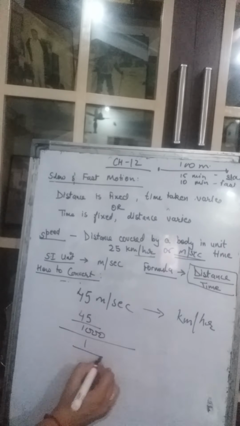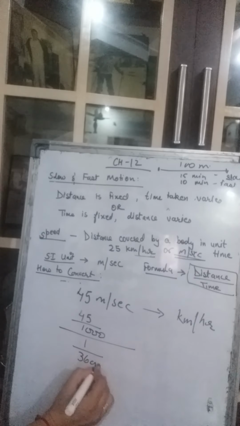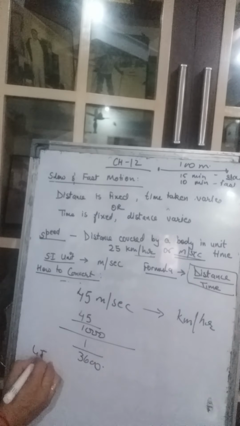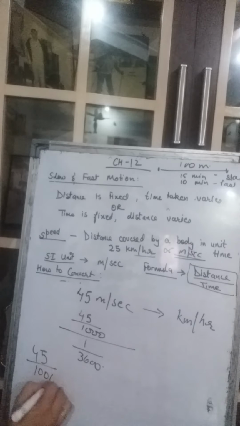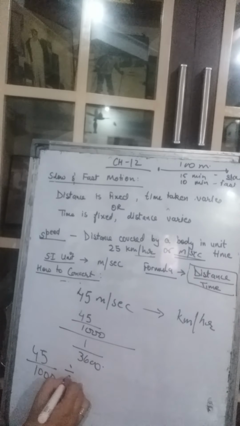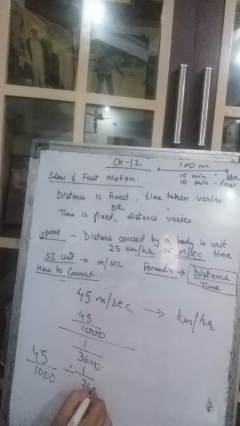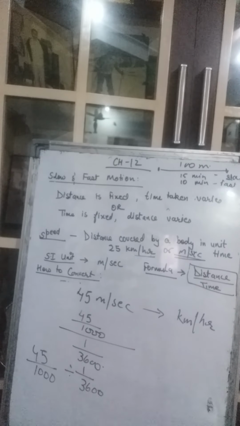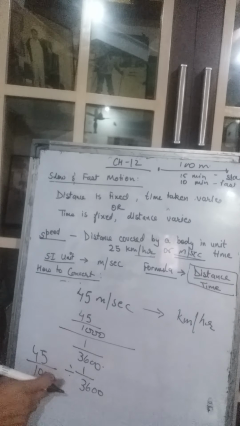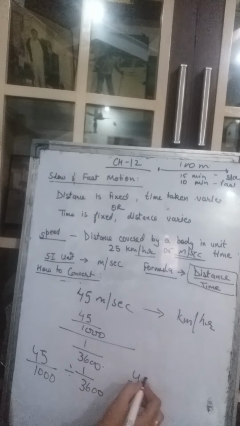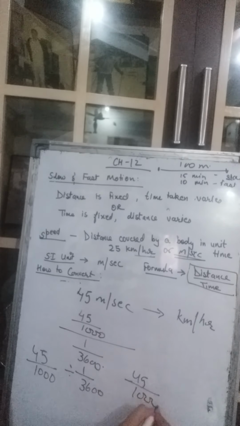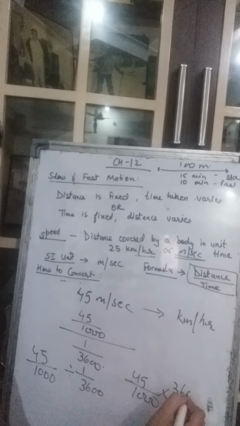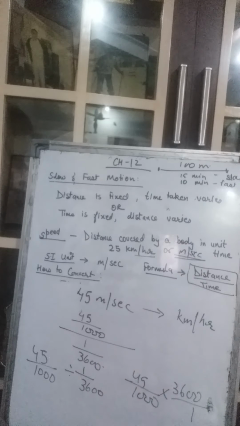So 45 upon 1000 is being divided by 1 upon 3600. Now turn it into multiplication: 45 upon 1000 into 3600 upon 1.